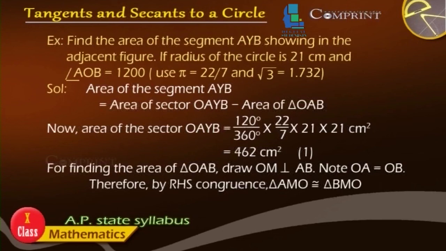Equation 1. For finding the area of triangle OAB, draw OM perpendicular to AB. Note, OA is equal to OB. Therefore, by RHS congruence, triangle AMO is congruent to triangle BMO.